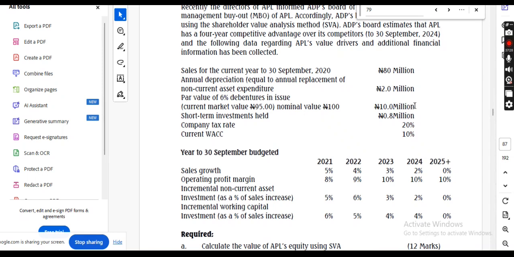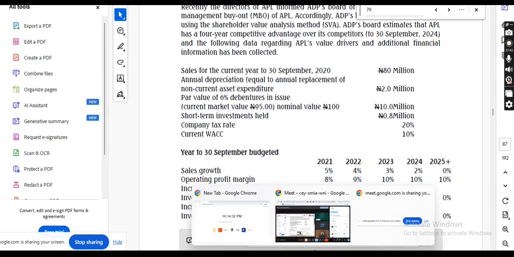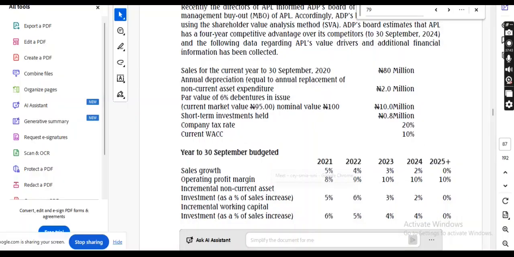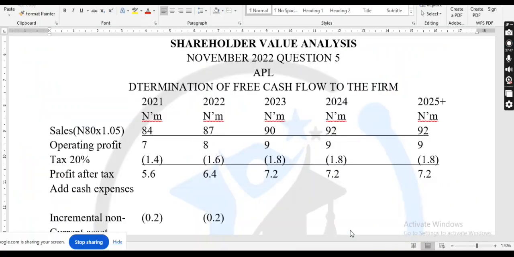In this case, your annual depreciation is 2.0, which is still equivalent to the replacement of non-current assets, right?